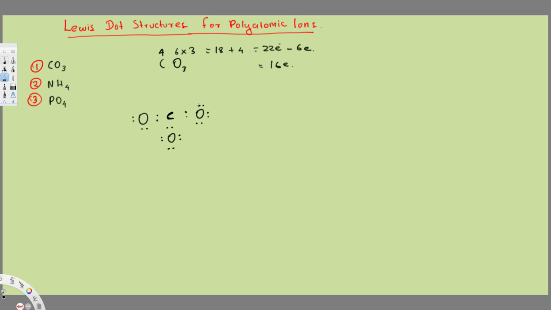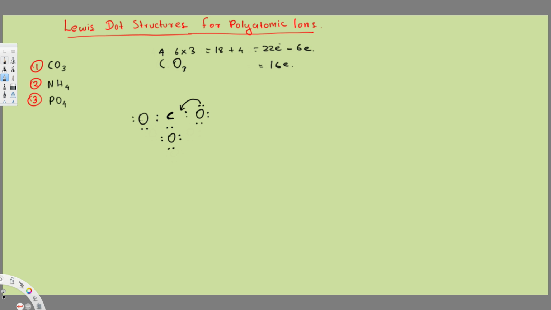So what we can do, we can take 2 electrons from here and put them right here. Because if you put them here, this one is still going to have 8 and this one gets 8, to form an octet. So we can share these two with this one.